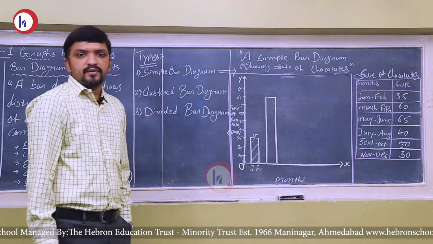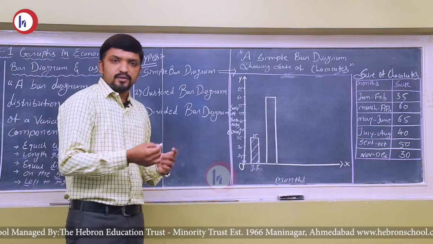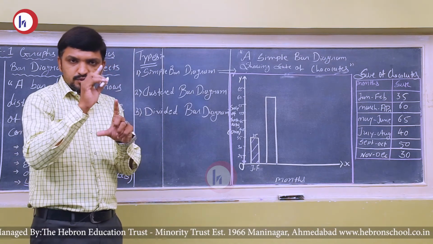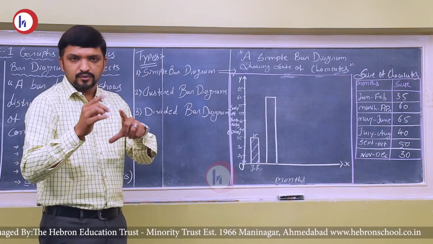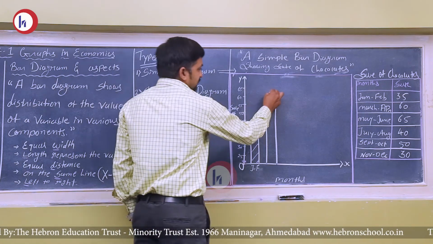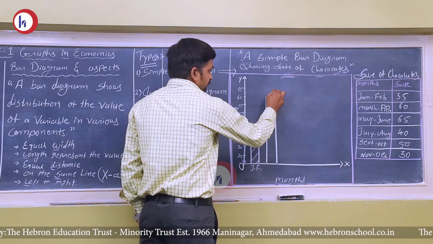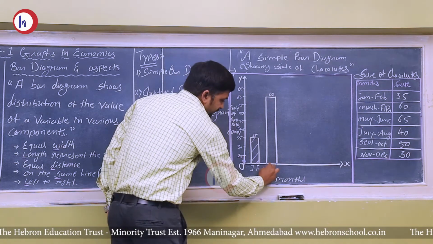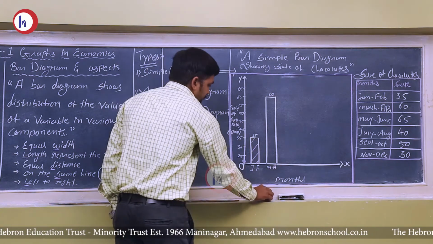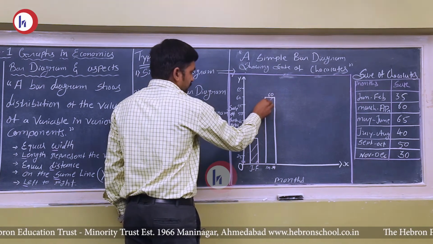On graph paper, when you are drawing the graph with the help of a pencil and scale, your lines must be drawn perfectly, whether you draw the horizontal line or the vertical line. So, this is the sale of chocolate during the month of March and April, and that is 60.